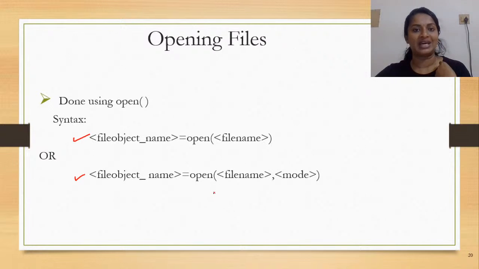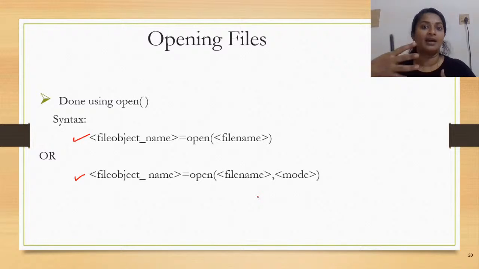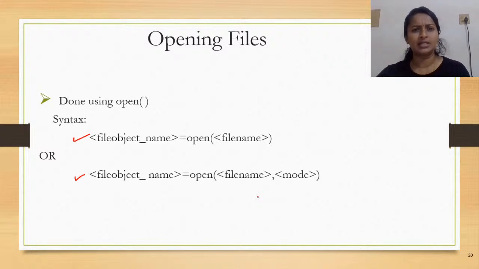The first one is your file name, and the second one is the mode, the method by which you are trying to open the file. Actually, the open function has 3 parameters, in which the third parameter is buffering, wherein you specify the number of bytes beforehand.